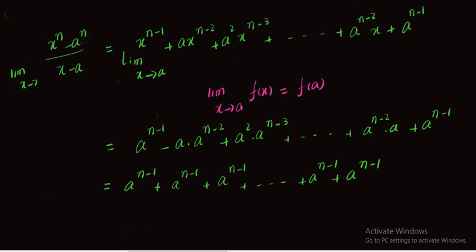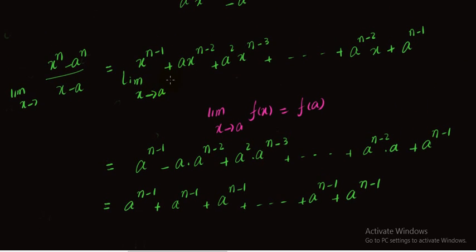Remember that there are a total of n terms in this expression. The reason is, as the highest power of x is n-1, and this exponent decreases and eventually becomes 0. So, there are n terms up to this term, n-1 terms up to this term, and 1 term here in which the exponent of x is 0.